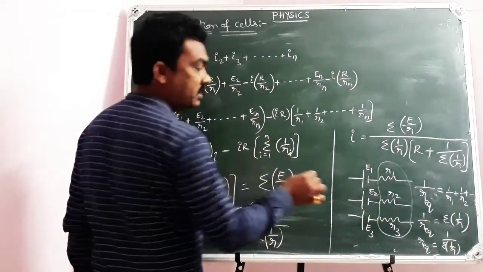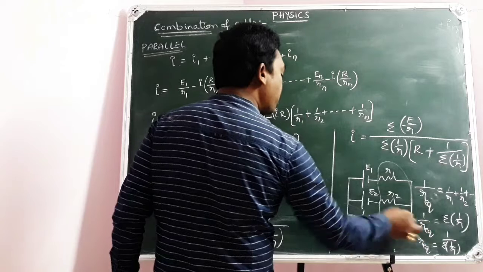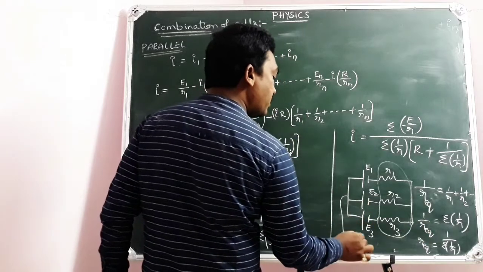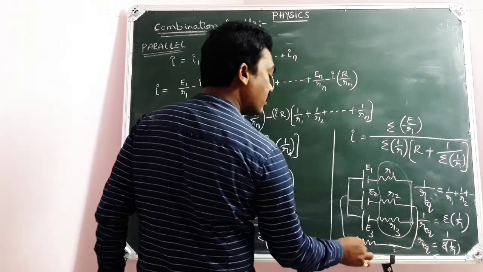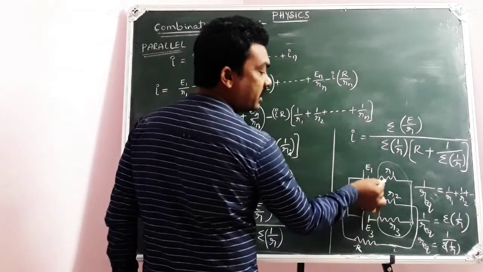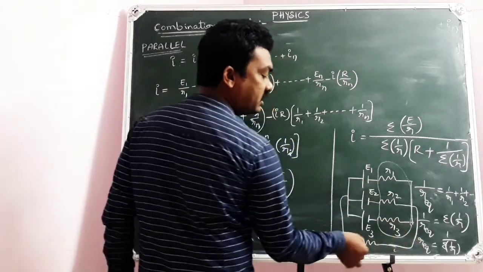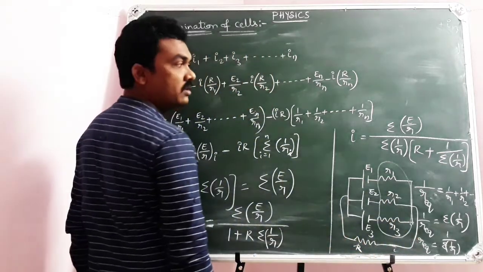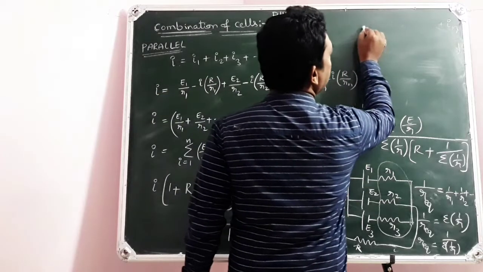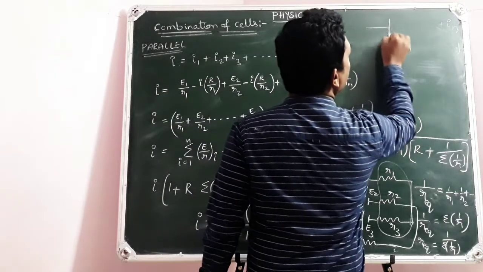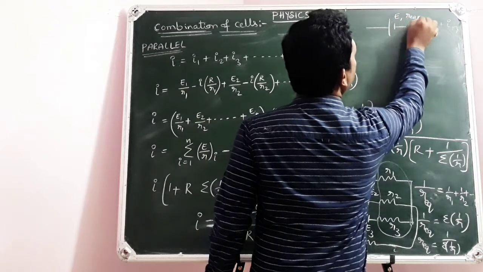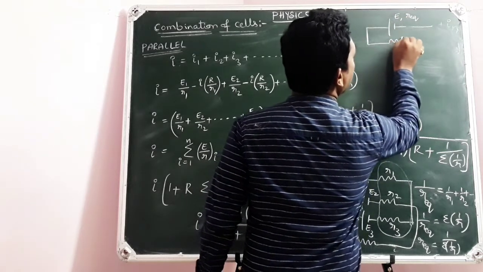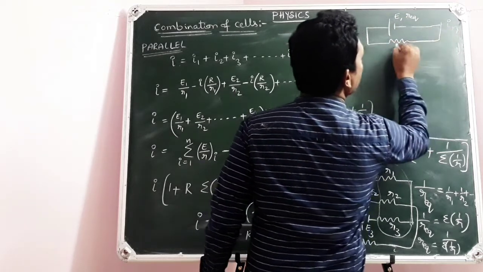But this is a very important step. All this parallel combination of cells is given to an external resistor again. Means this internal equivalent resistance is in series with the external resistor, because your equivalent circuit will be like this. This is the equivalent EMF and this is the equivalent resistance connected to the external resistor.